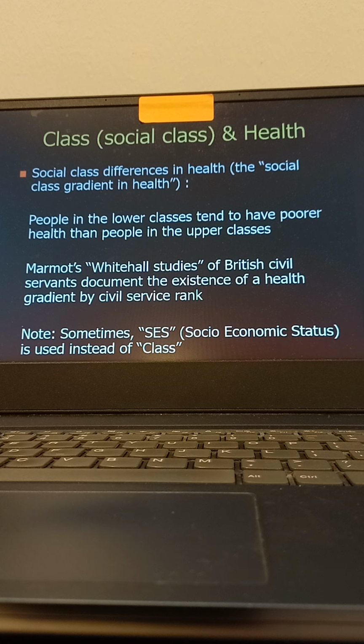And he and his researchers documented the existence of a health gradient by civil service rank. That is, the higher the civil service rank of the individual, the better the health compared to those in the lower civil service ranks. Now, note that sometimes SES, or socioeconomic status, is used instead of the term class.